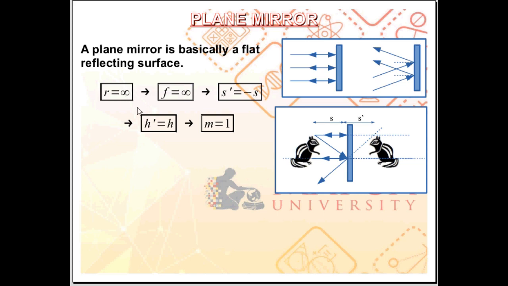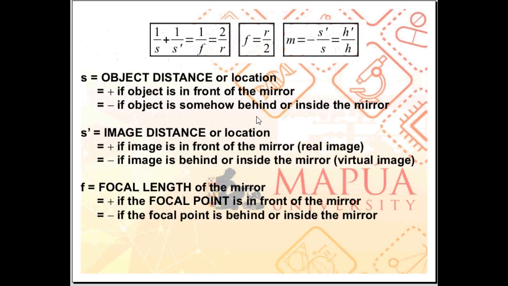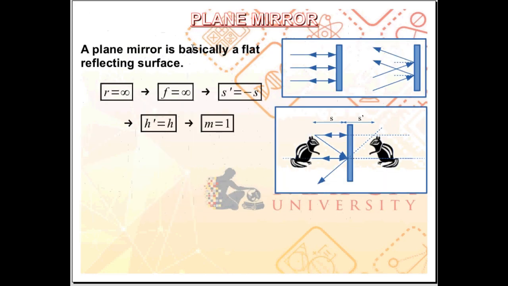Infinite divided by 2 will give you a focal length of infinite, which means S prime is just equal to S. Going back to our equation, 1 over F, 1 over infinite is 0. Therefore, 1 over S plus 1 over S prime will give you S prime is equal to negative S.